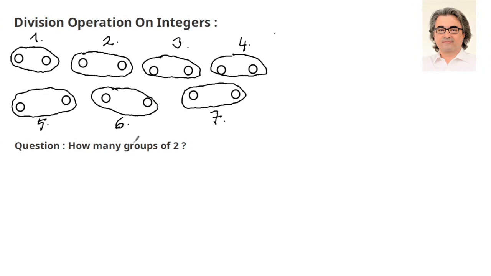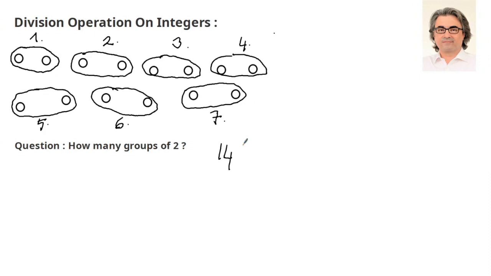Now let's explain in mathematics what it means. Now in total I have 14 circles. This is the total number of circles, and I partition these 14 circles into 7 groups where each group has 2 circles.